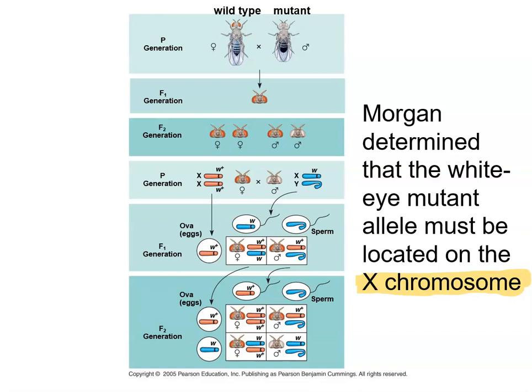Like Mendel, he ran two sequential experiments with the flies. He started with a cross between a red-eyed female and a white-eyed male. All of the F1 generation offspring of that cross had only red eyes. Then he allowed them to cross with each other.